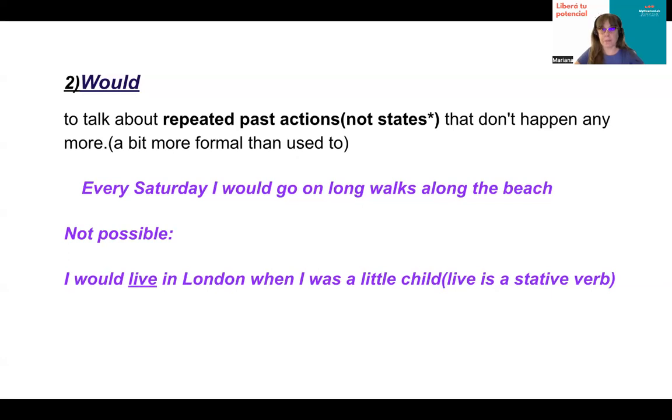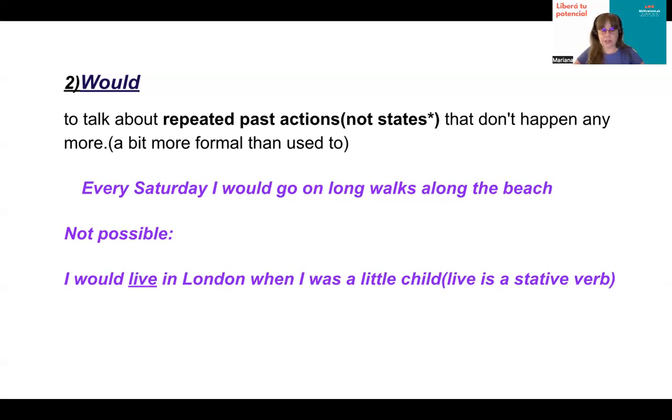So remember, when you refer to past habits, repeated past habits that do not happen anymore, so that is past, that's why they are past, you could use either used to or would. Used to for all verbs, would only for dynamic verbs. Okay?